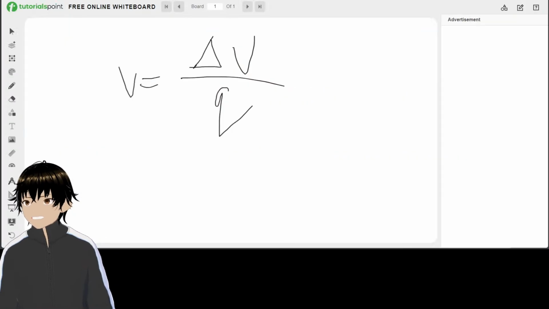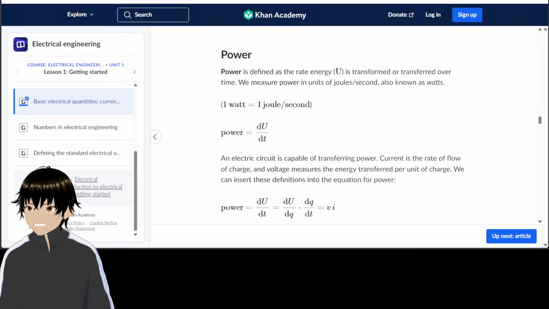Okay, so power is basically just a derivative.